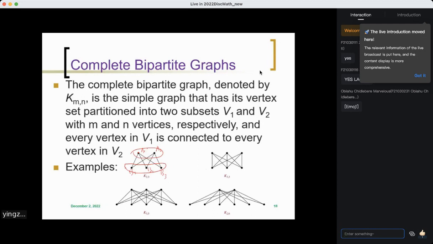Each of these nodes has an edge connecting it with every node of the other part. Then we can say it is complete.